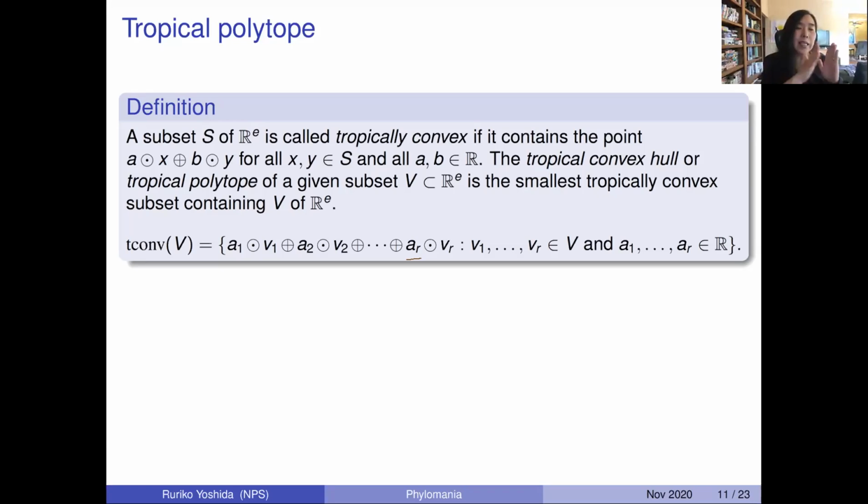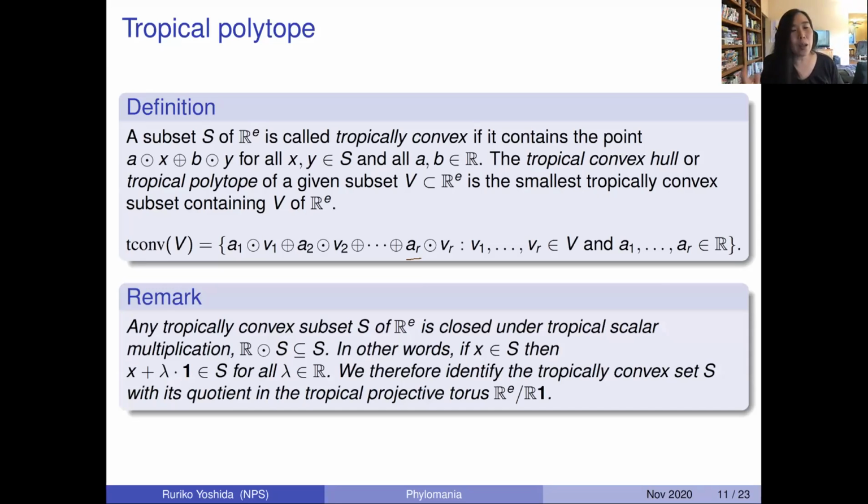So this is the intuition for why we use the tropical polytope. Also, the tropical polytope is tropically convex, so it has a lot of nice propositions. This is why we decided to use the tropical polytope to compute the tropical PCA instead of a tropical linear space.